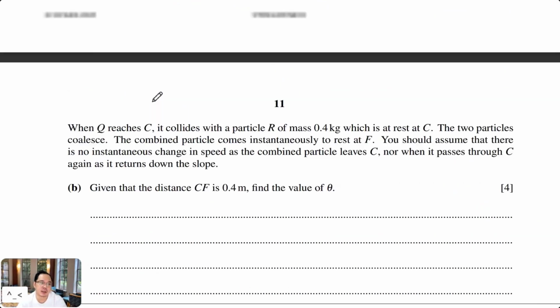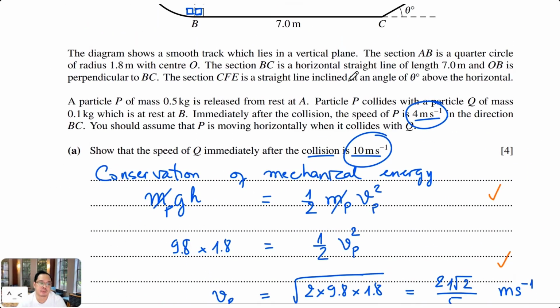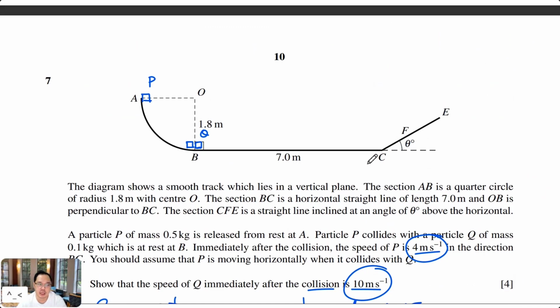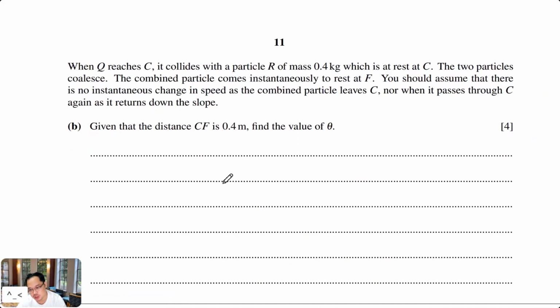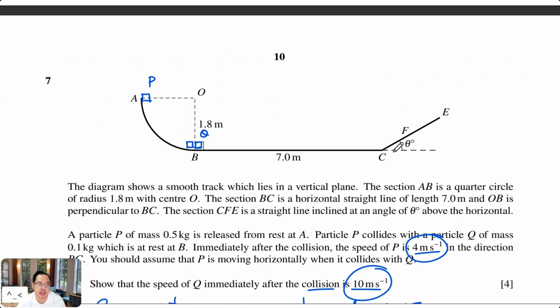When Q reaches C, which is the start of the incline going up, after sliding 7 meters before that, it collides with the particle R of mass 0.4 kilogram, which is at rest at C. Another particle R here. I forgot to tell you one thing: I did not draw a particle as a sphere, but as a rectangular block like this.